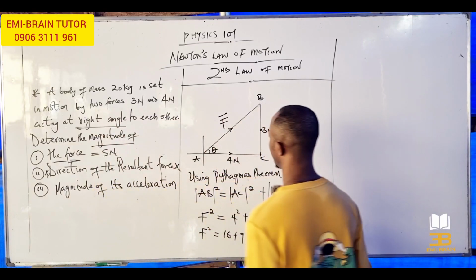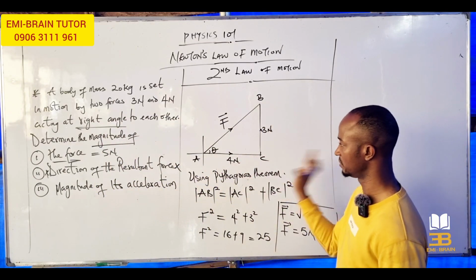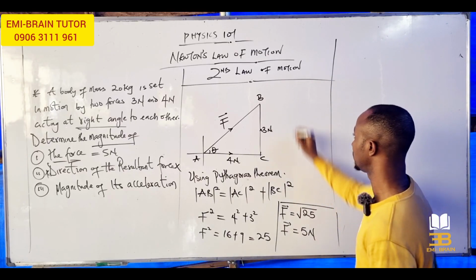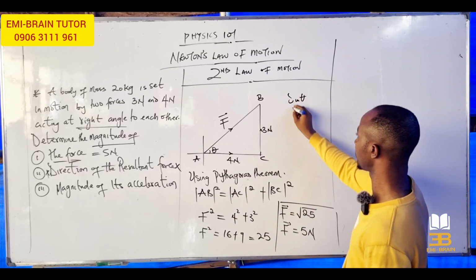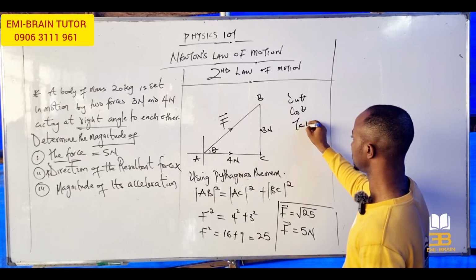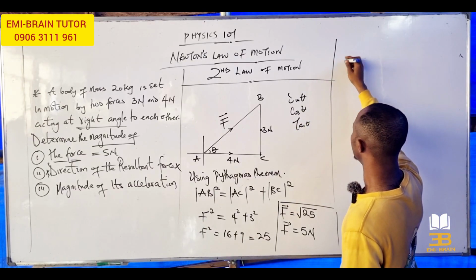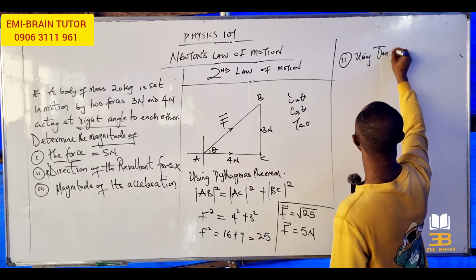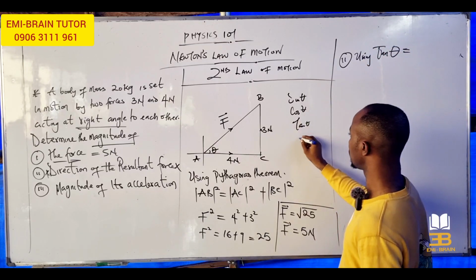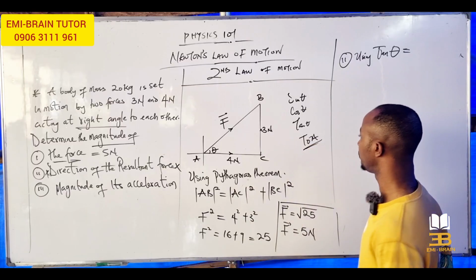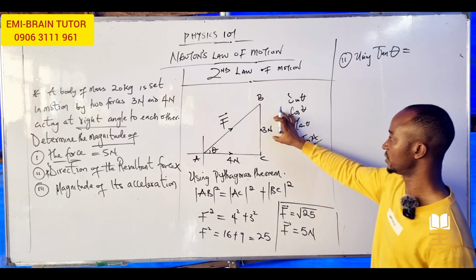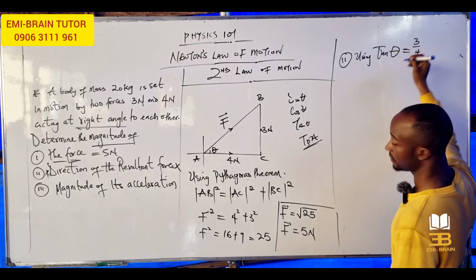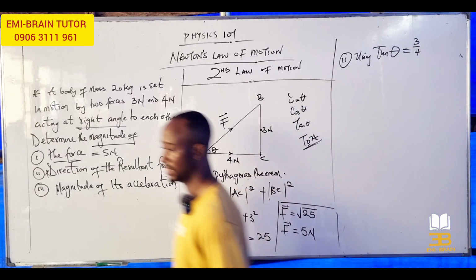For direction, since this force is assumed to be placed in the first quadrant, you can use any of the trig ratios. You can use sine theta, cos theta, or tan theta. So let's use tan theta to find the direction. The word tan is from the word TOA, and TOA means opposite over adjacent. Opposite is 3, 4 is the adjacent. So we're going to have 3 over 4.